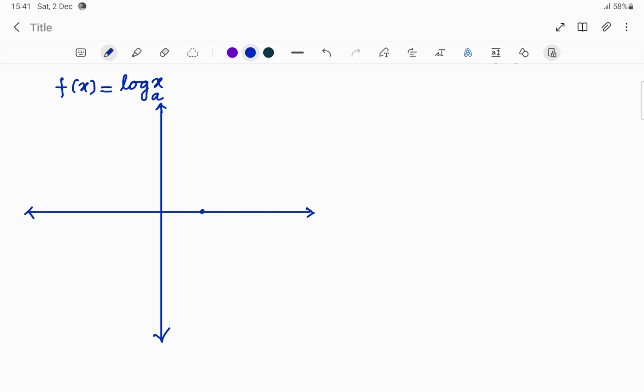Yeah, here it is 1 comma 0. So logarithm of 1 with any base will become 0. So if base value is more than 1, the graph looks like this. So f of x equal to log x base a, where a is greater than 1, and you can see it is increasing function.